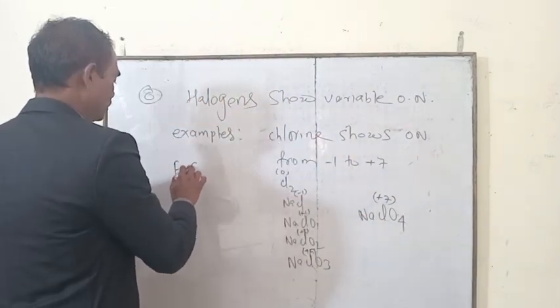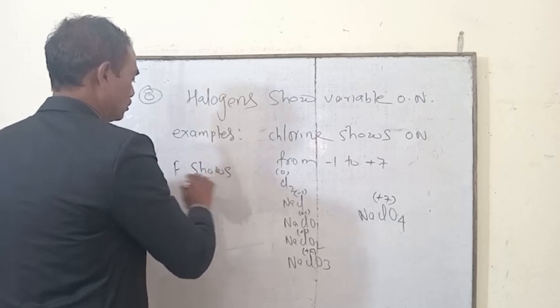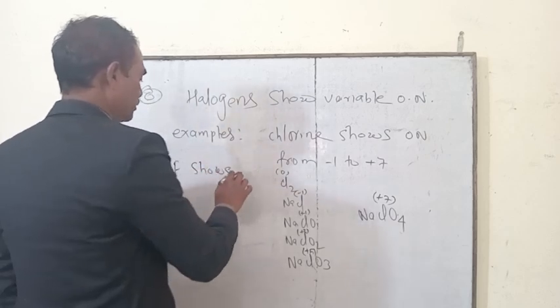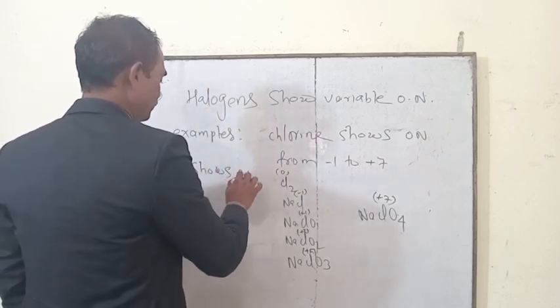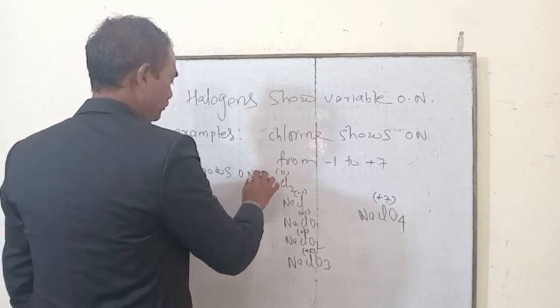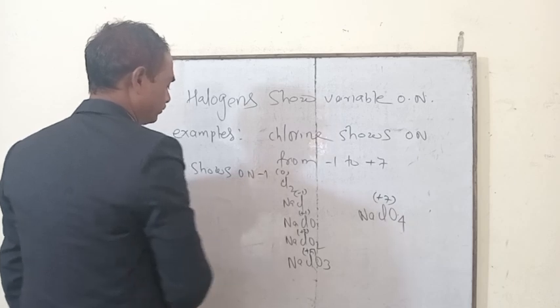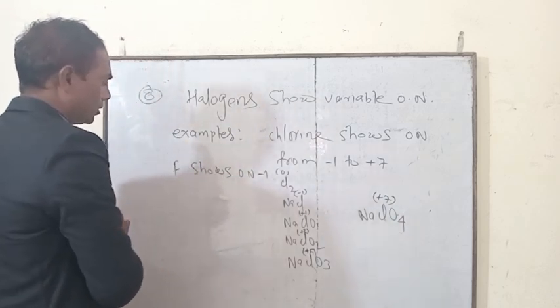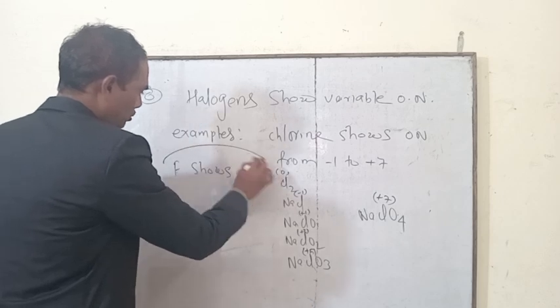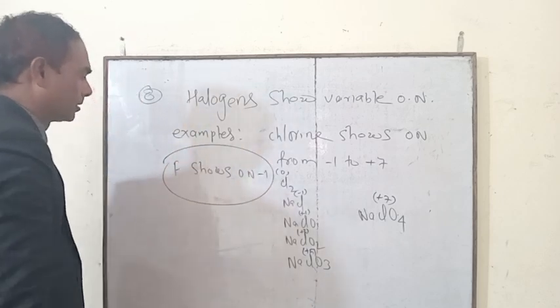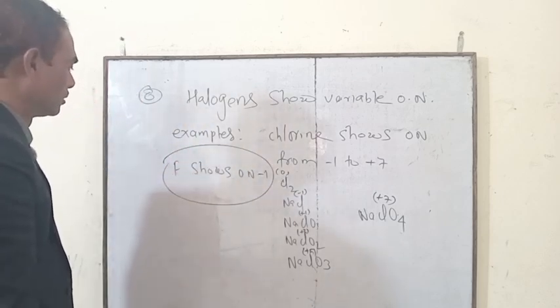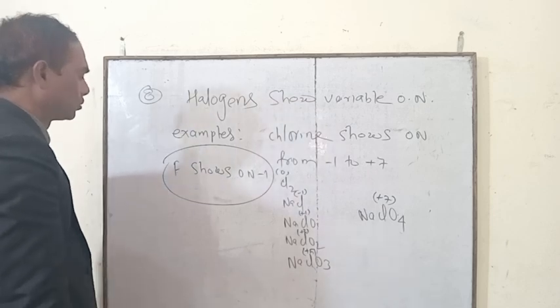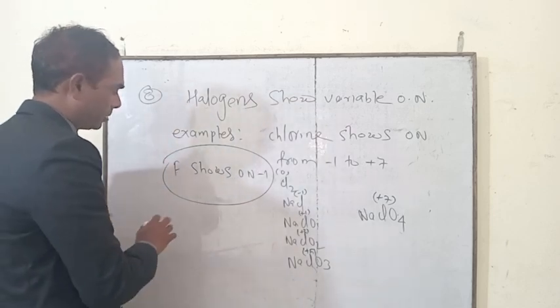Fluorine shows oxidation number -1. This fluorine always shows oxidation number of -1 because it is the most electronegative element in the periodic table.